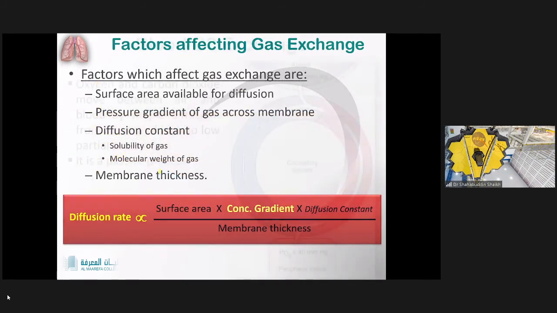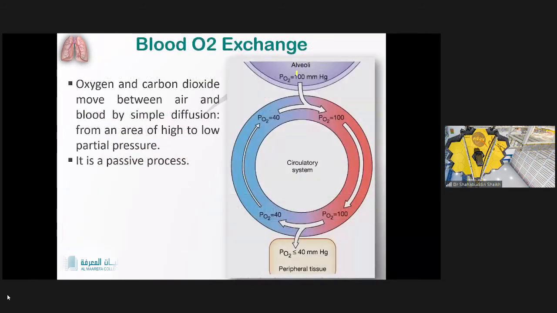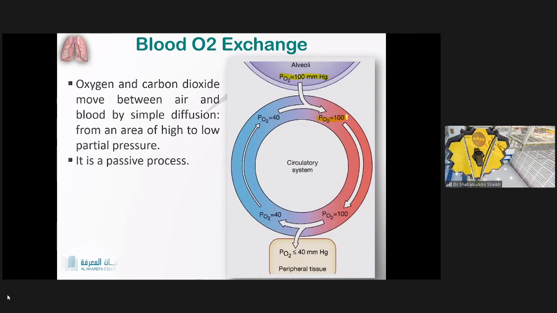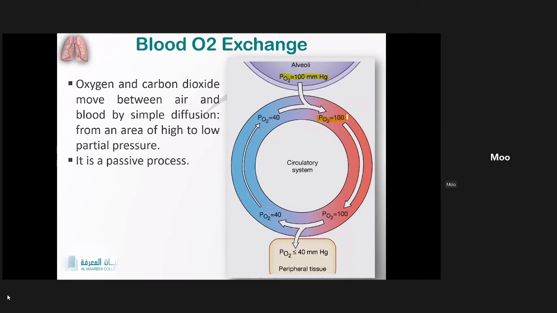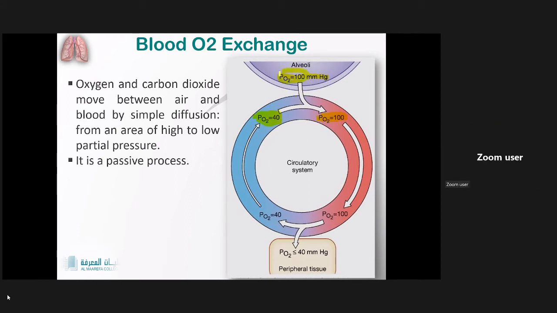We'll see some more diseases in our last slide. Before that, there are other numbers which are important to remember. The partial pressure of oxygen in alveoli is 100.